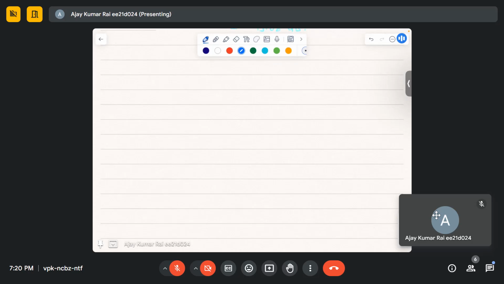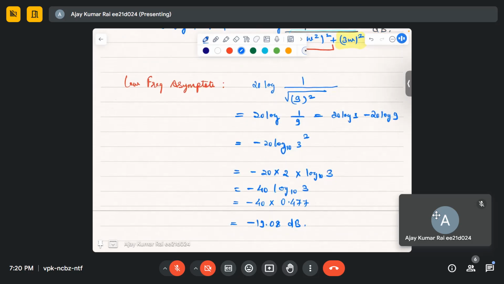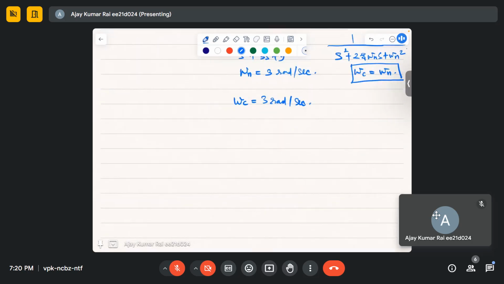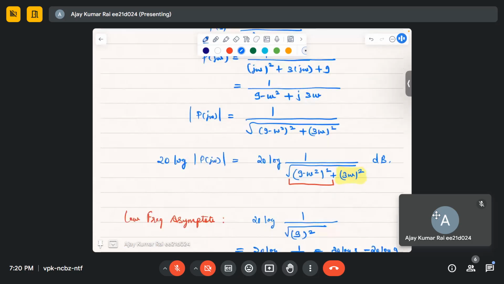So how to calculate? We have just now found out the low frequency asymptote. Also in this question we should find out the high frequency asymptote, and we'll see where they will intersect. So I know this thing generalized.